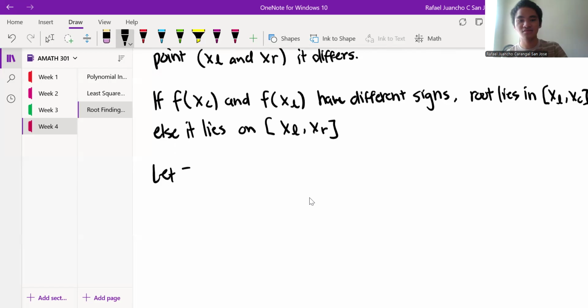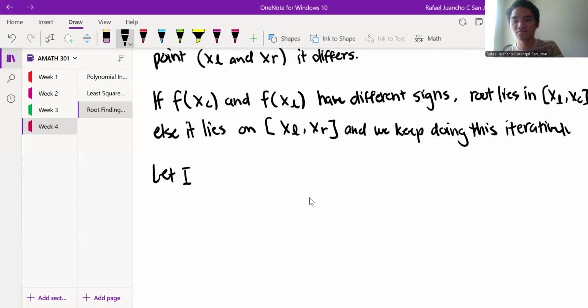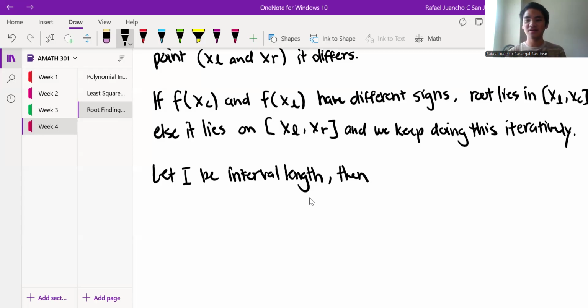We keep doing this iteratively until we find the root, again and again.